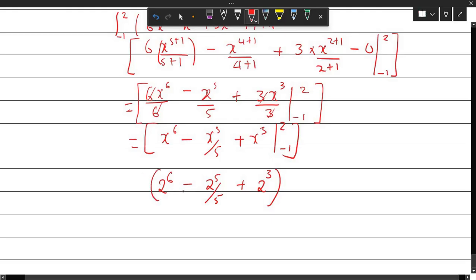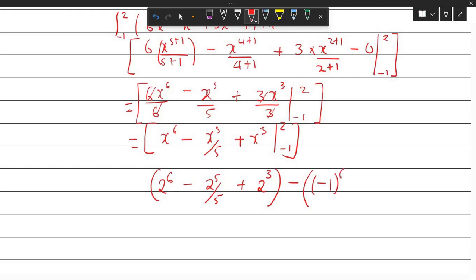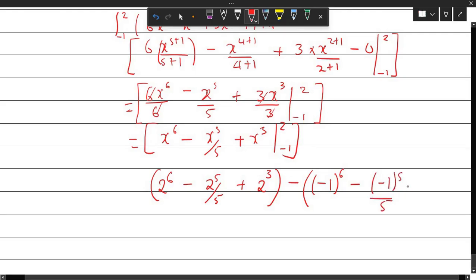So this is your upper limit, minus -1 to the power 6, then minus -1 to the power 5 over 5, plus -1 to the power 3.